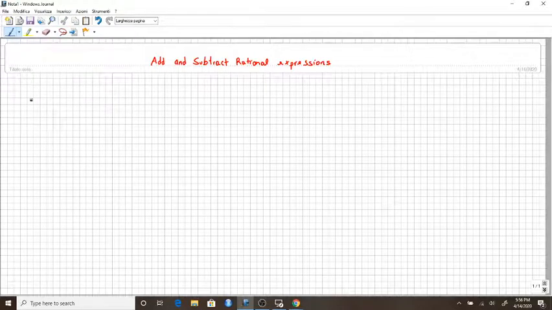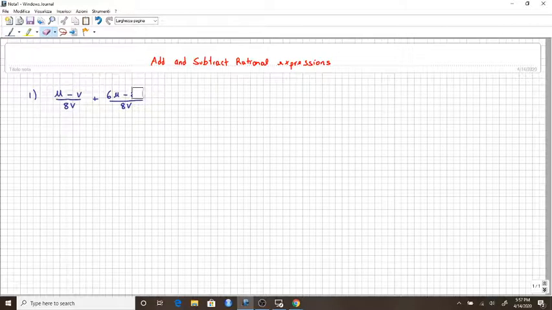Okay, so here is the first example, number 1. And as always, I invite you to try to work this problem by yourself before I show you how to work it out, and then check with me what you're doing. So here we have u minus v divided by 8v, and we want to add 6u minus 3v divided by 8v.